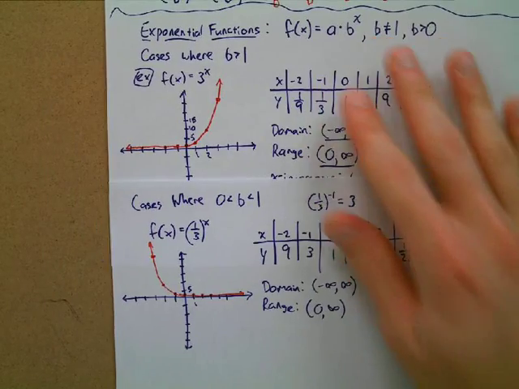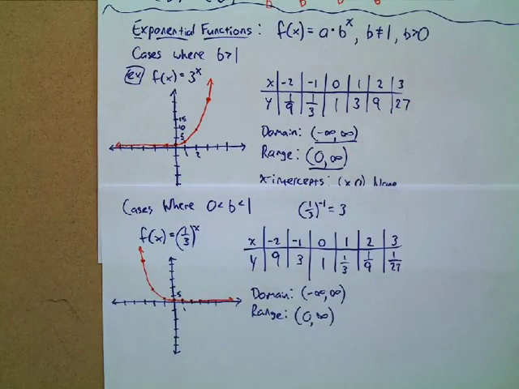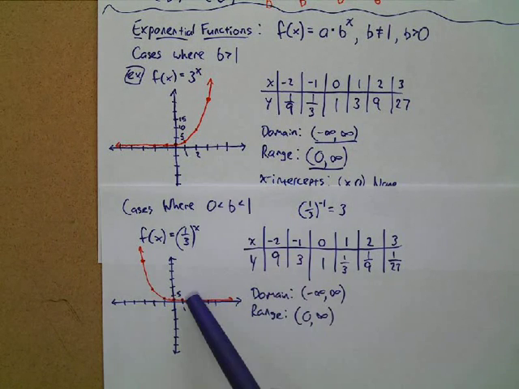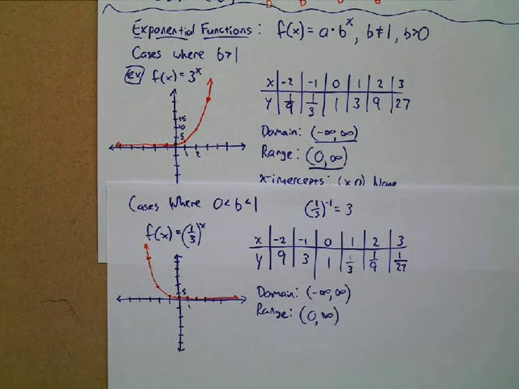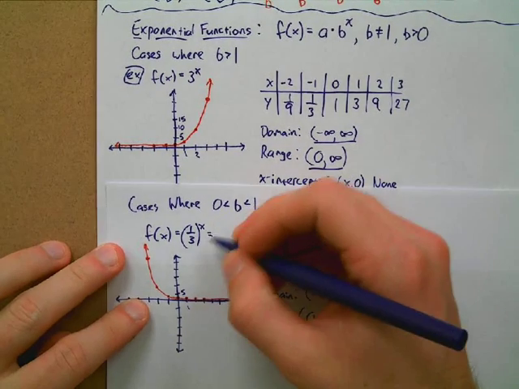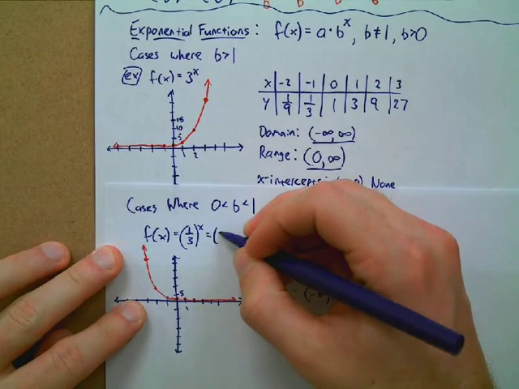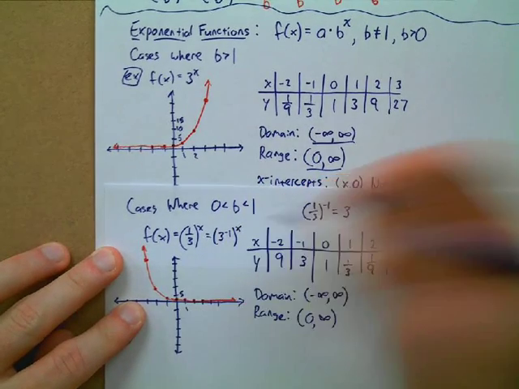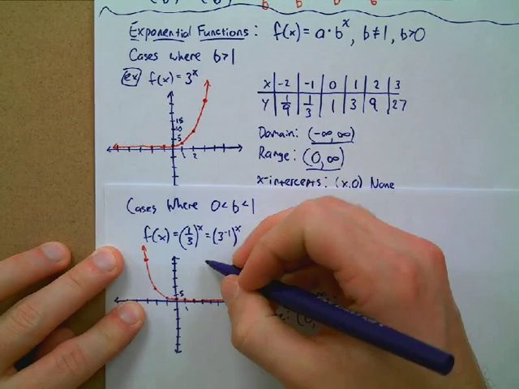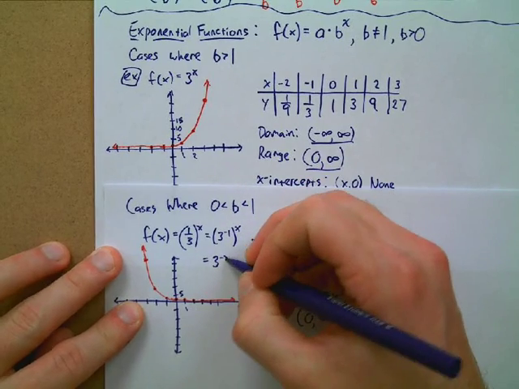And remember, 1/3 is 3 to the negative 1. But then we have a power to a power here. It's 3 to the negative x. And remember, how do you reflect something over the y-axis? It's the same function value, but the opposite x value. So here, this x value gives the y value. Here, it's the negative x value and the y value. So it's a reflection over the y-axis there. Follows those rules. Okay? Exactly.